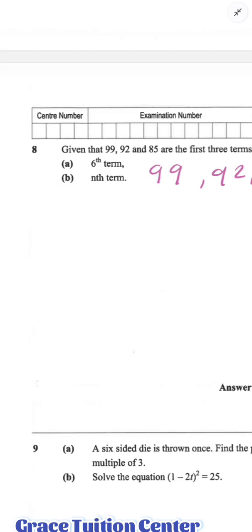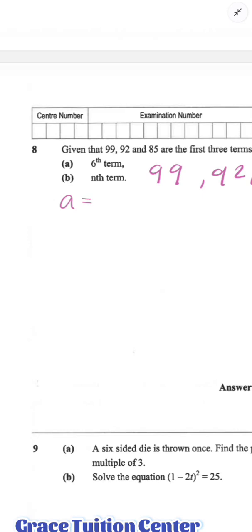So you must familiarize yourself with some of the formulas that are used in arithmetic progression. So to find our 6th term, we need two things. The first is the first term.